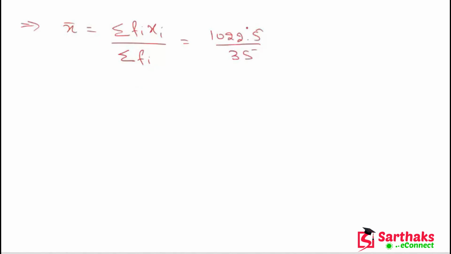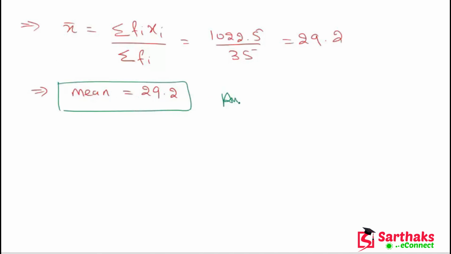After solving this we get 29.2. So the mean is equal to 29.2. I hope, my dear friends, you understand these things. So this is the solution of this question. Now let's move on to the next question.